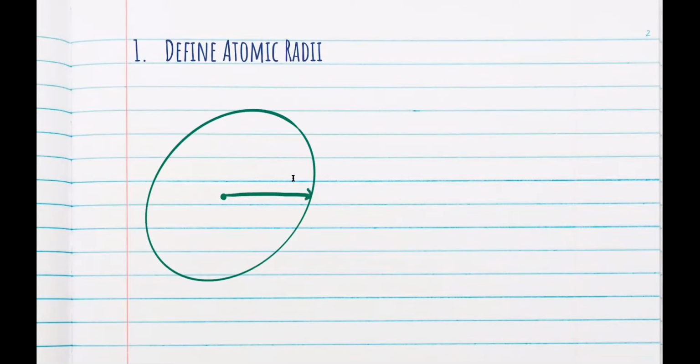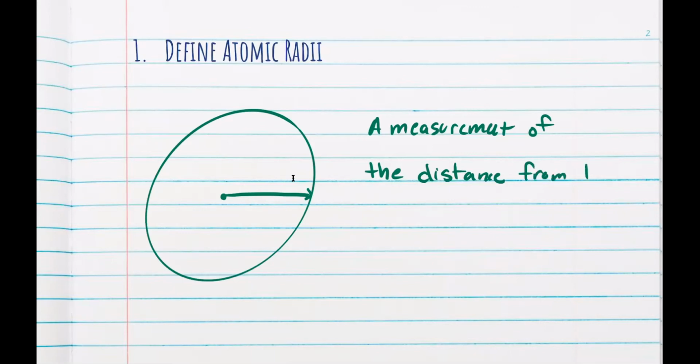So, using that as a base, we can say that our atomic radius is simply a measurement of the distance from the nucleus to the furthest shell.